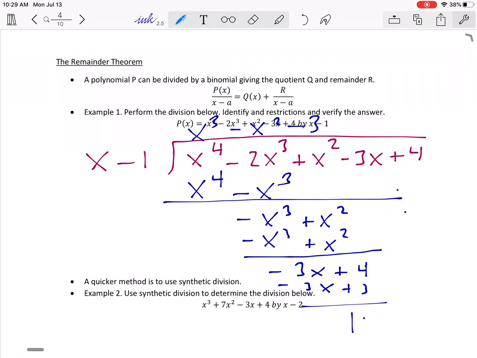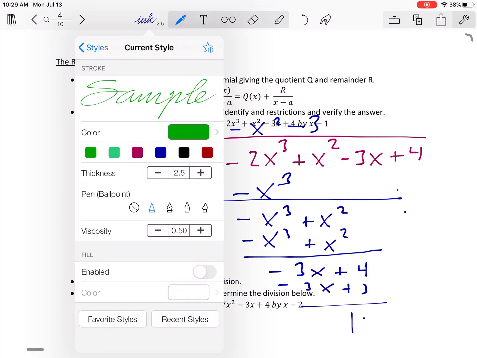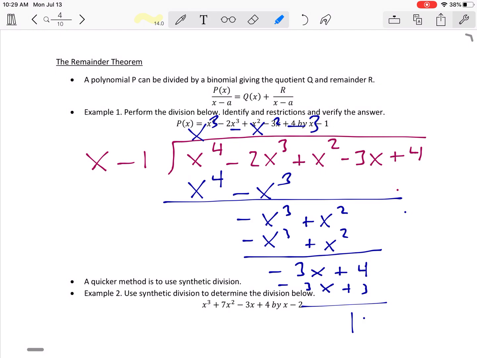Now what we want to do is present our final answer. The way we present the answer is just what it says above here. So q(x) would be the quotient, which is what you get on the top here, and then this is your remainder over here, 1, and then you put that over x minus a.